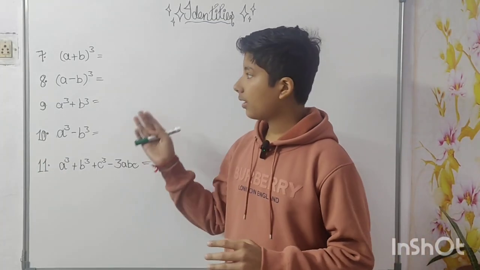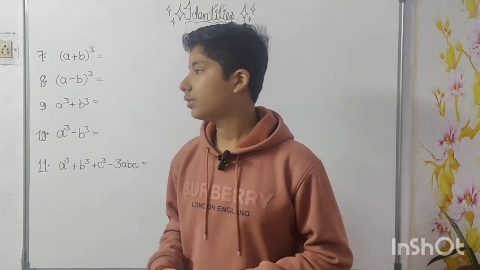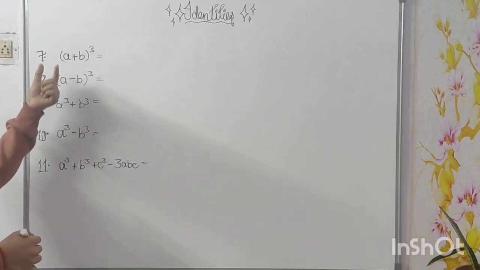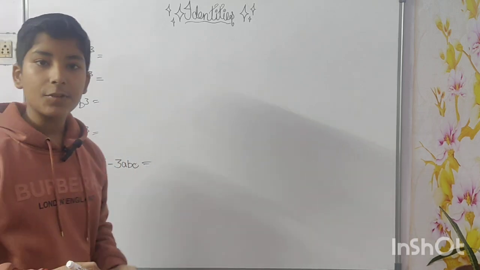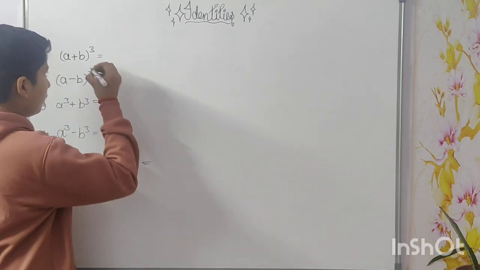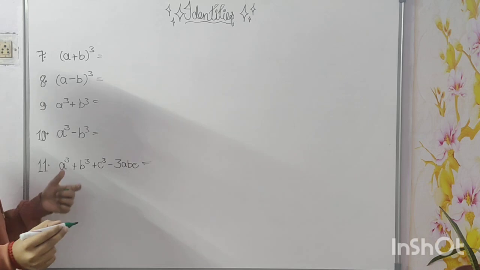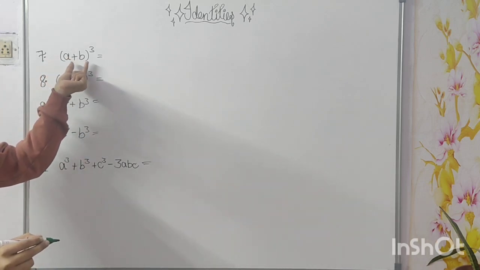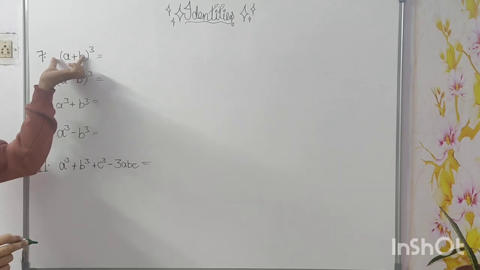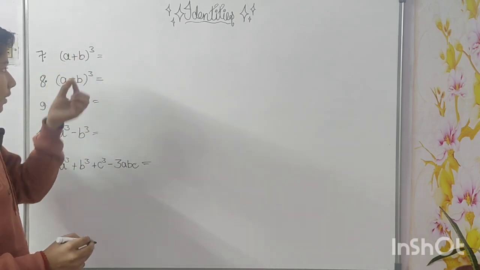So now friends, these are 5 more identities which we have to do. Now let's see our 7th one. These are identities related to cubes. A plus b whole cube. Firstly, we'll do the cube of this, then 3 multiplied by this and this, and multiplied by this thing.